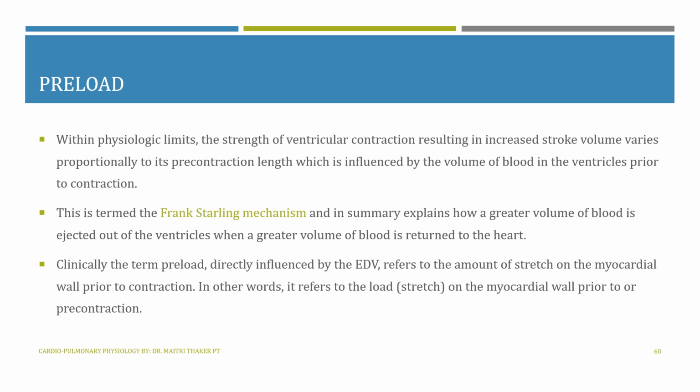Clinically, the term preload is directly influenced by end diastolic volume, which refers to the amount of stretch on the myocardial wall just prior to contraction. In other words, it refers to the load on the myocardial wall prior to contraction. The higher the stretch, the higher the contraction, and more blood will be ejected. That is stroke volume.